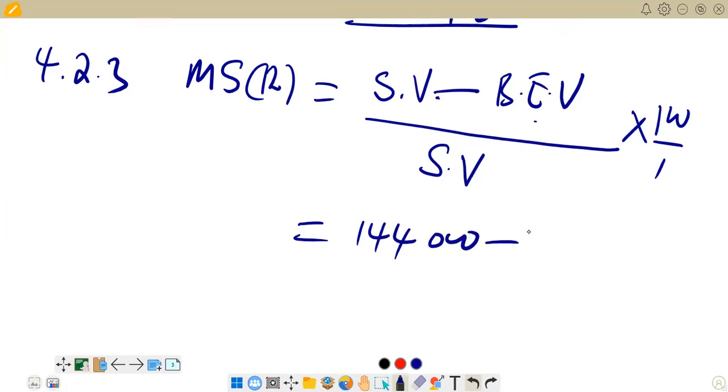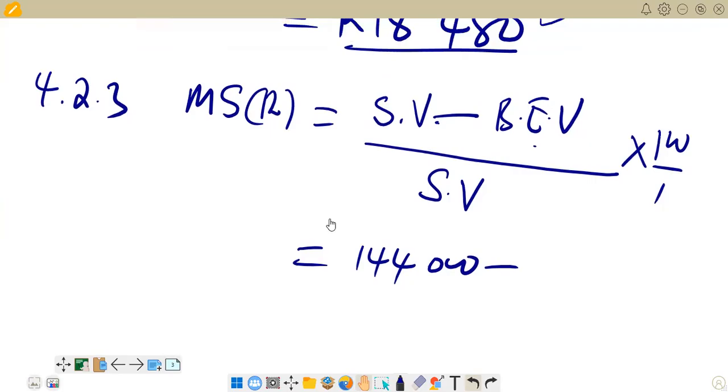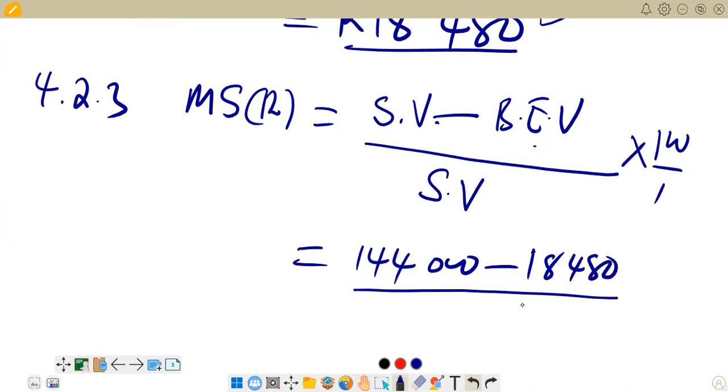Then you subtract the break-even value that you are given on top there, which is 18,480. And then we divide by the sales value again, which is 144,000. Then we multiply by 100 over 1.